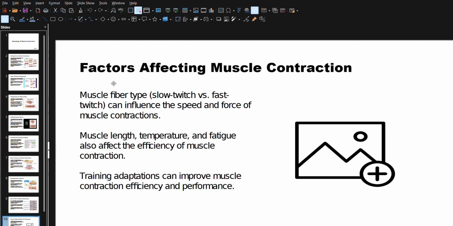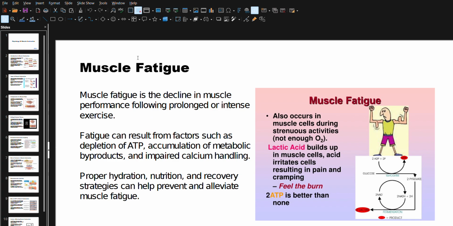As I told you, slow twitch and fast twitch. Once again, what is muscle fatigue? Muscle fatigue is a decline in muscle performance following prolonged or intense exercise. Fatigue can result from factors such as depletion of ATP, accumulation of metabolic byproducts, or impaired calcium handling. Proper hydration, nutrition and recovery strategies can help prevent muscle fatigue.